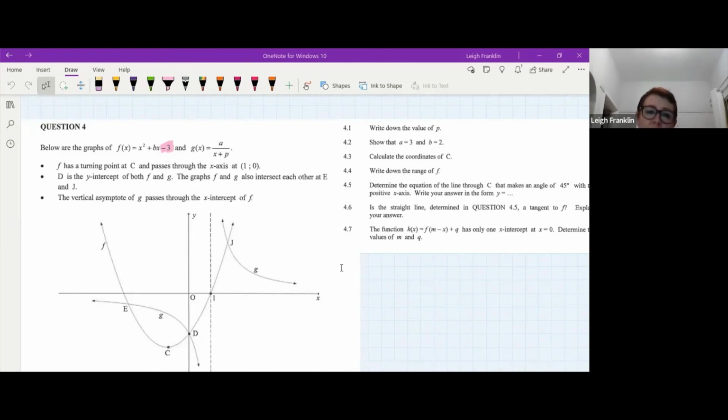Just like f of x equals x squared plus bx minus 3 means the coordinates at D are 0 and -3, what does the vertical asymptote of g passes through the x-intercept of f mean? Can anybody tell me? It's actually the answer to the first question, believe it or not.